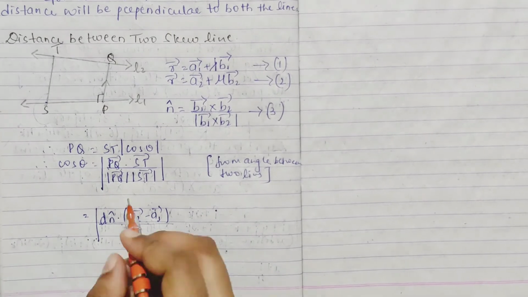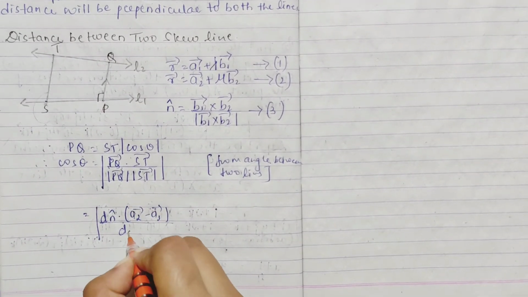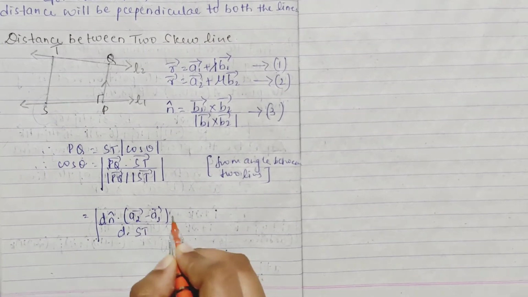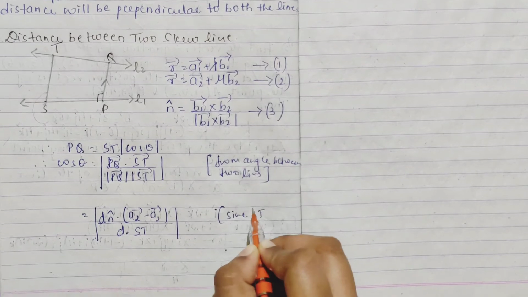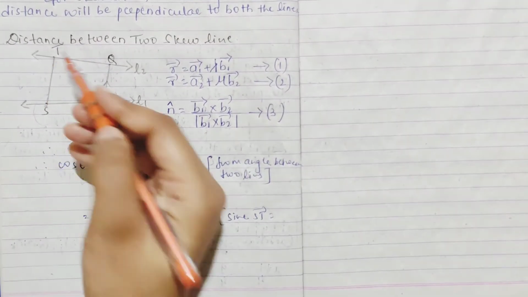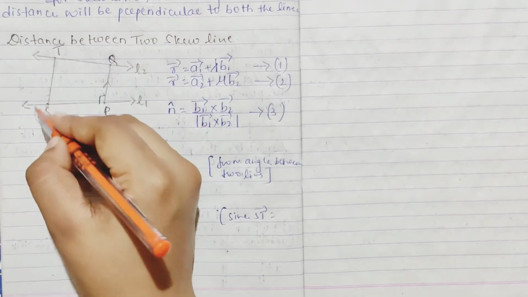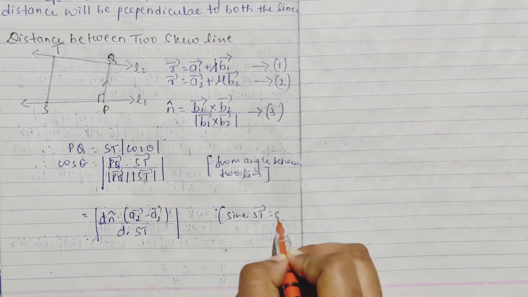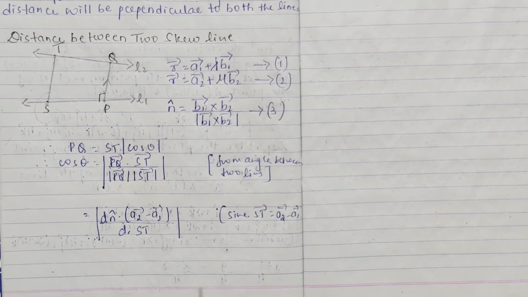And PQ they have given as D. You can write, since vector ST, as I have said, this position vector we have taken A2 and this position vector as A1, so it becomes vector A2 minus vector A1.